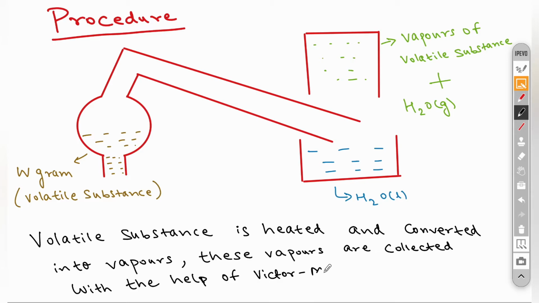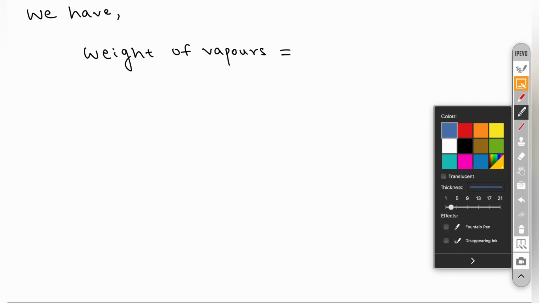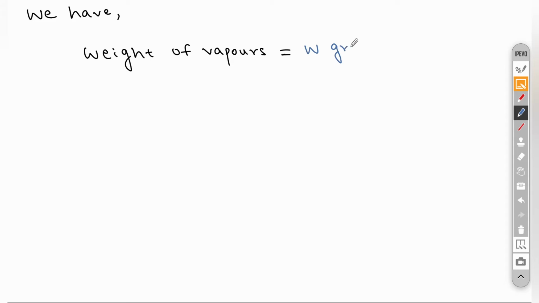So basically we heat the volatile substance which is W gram and we collect the vapors of the volatile substance. Also we have the weight of vapors equal to W gram.